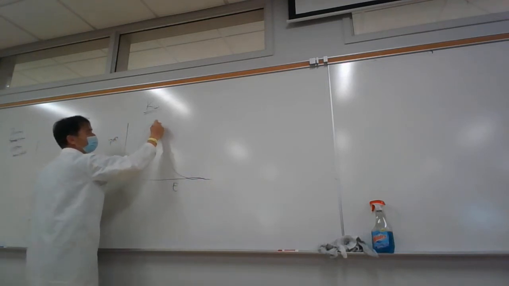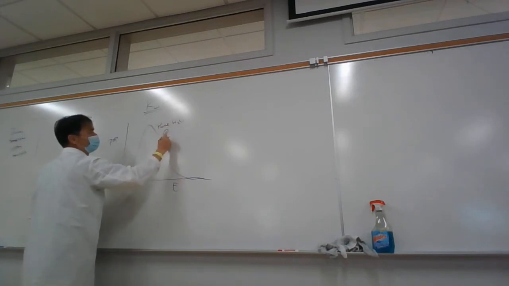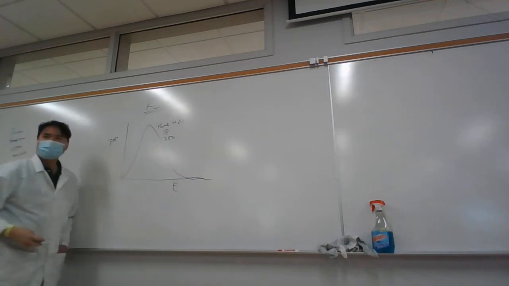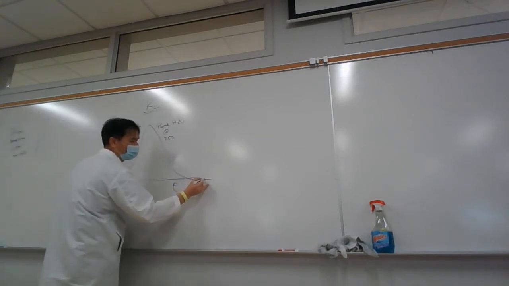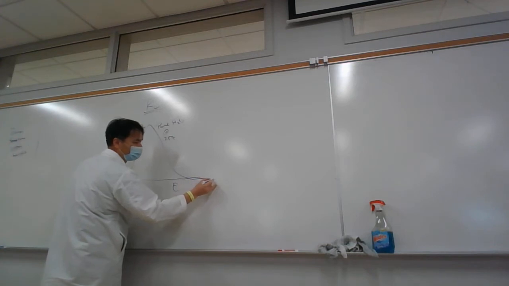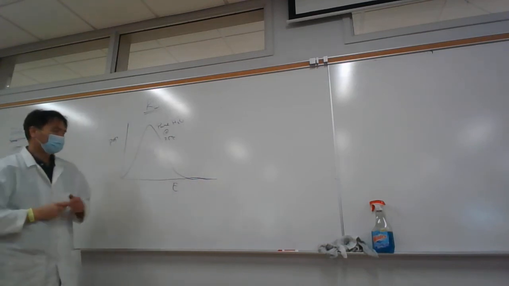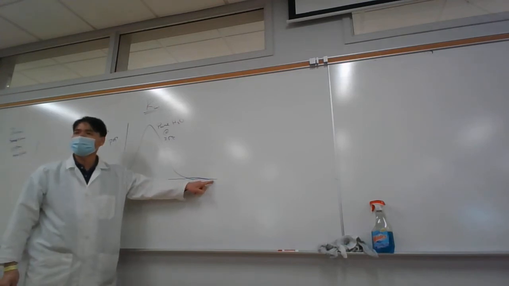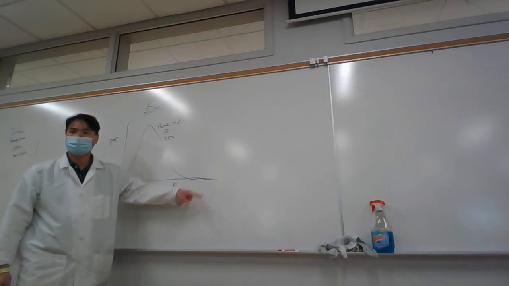So this is pure water, and we'll do it at 25 degrees C. Pure water at 25 degrees C is going to have an energy distribution that looks like this. And it turns out there's a very small population of high energy water molecules way out here.